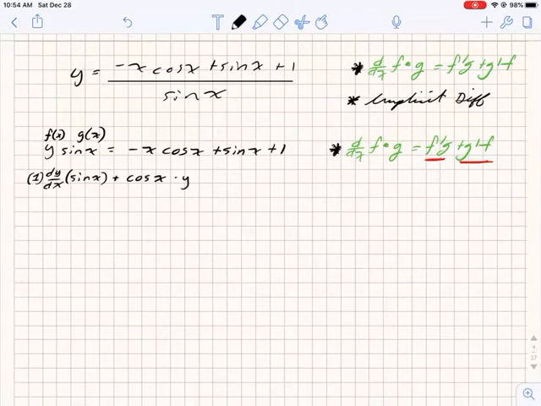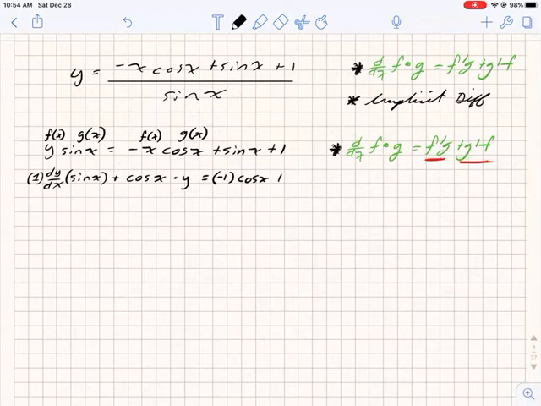So we took care of the left side, now let's take care of the right side. Now this is our f of x function, so this must be our g of x function. Again, we take the derivative of f of x and copy down g. So the derivative of negative x is just negative 1, and we're going to copy down cosine x.